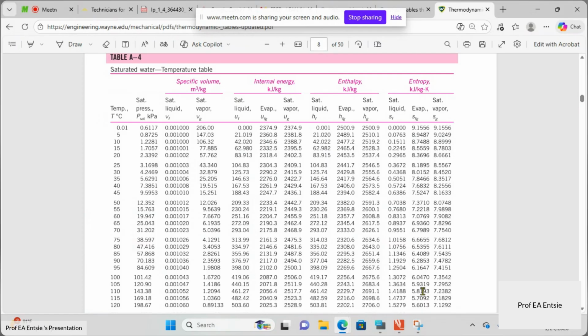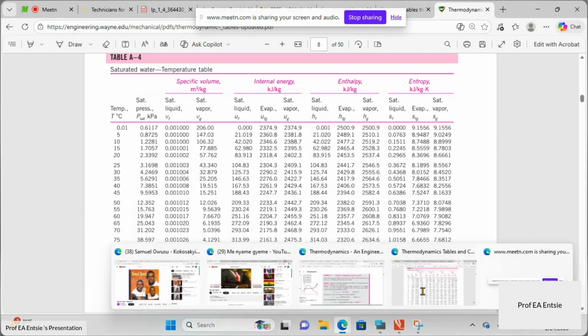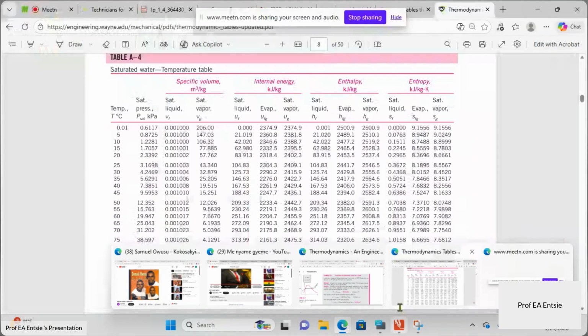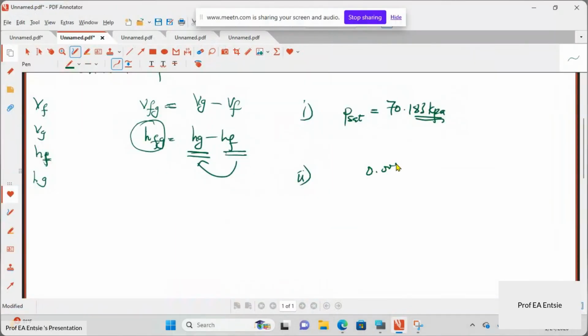So this is the specific volume, and the unit is meters cubed per what? Kilogram. So after you found that specific volume, which is 0.001038 or something meters cubed per kilogram, that's not the answer. That's specific volume. That's small v. So if you want total volume, what the question is asking for, it will be mass times the specific volume, because you know specific volume is total volume over mass.